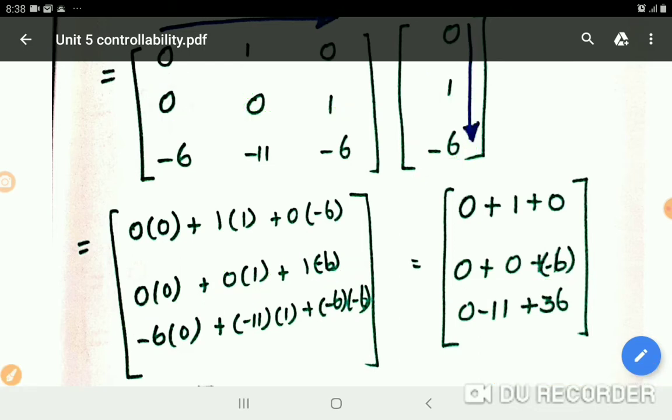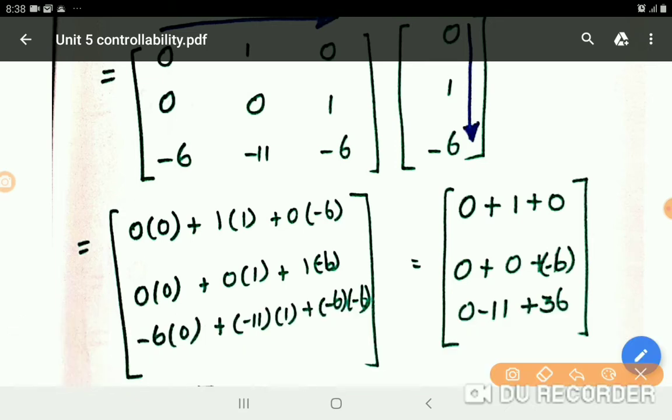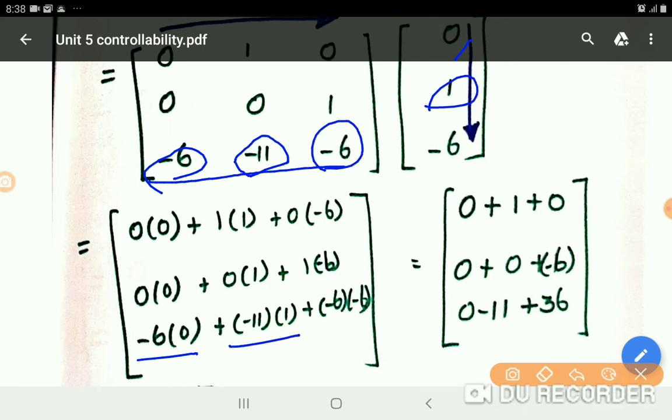Then come to the next one, the third row: minus 6 into 0, minus 11 into 1, minus 6 into minus 6. Here 0, minus 11, and minus 6 into minus 6 is plus 36.